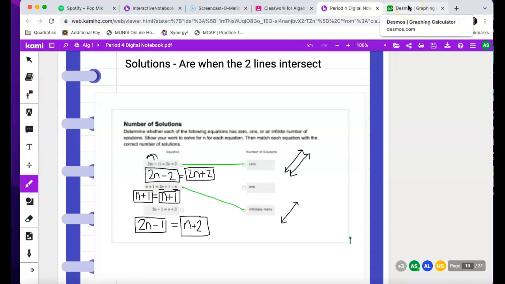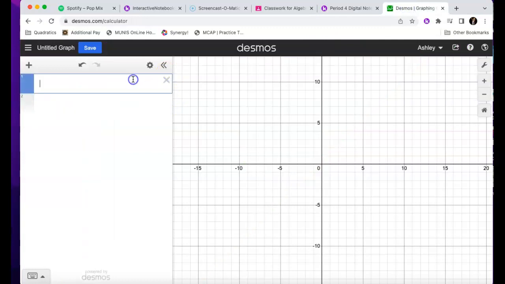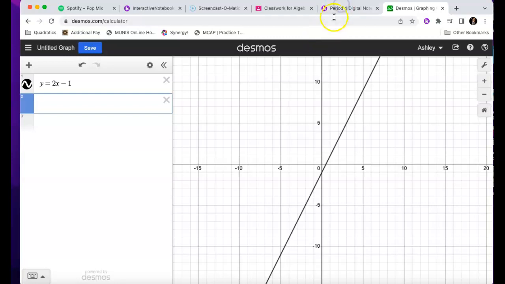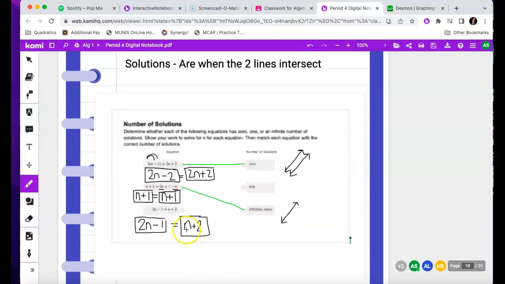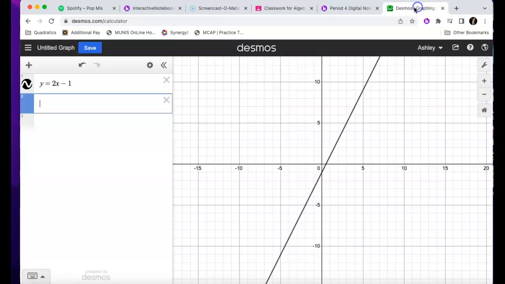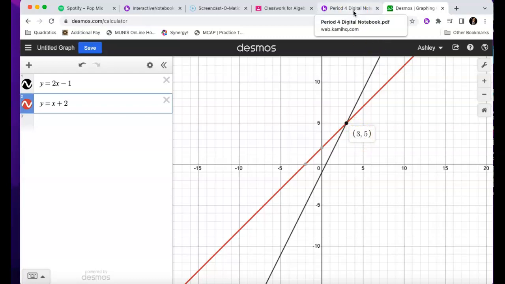So we're going to type in y equals 2x minus 1, and then for the right side of the equation, y equals x plus 2. Notice that they intersect one time, and that's where it intersects, at the point 3, 5.